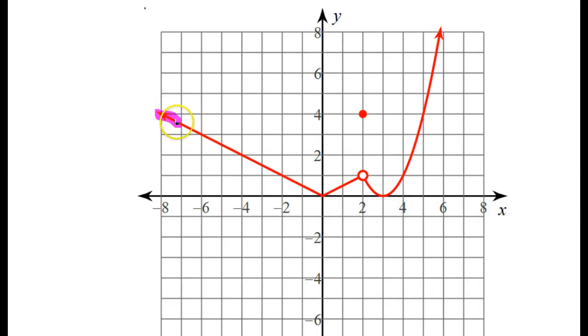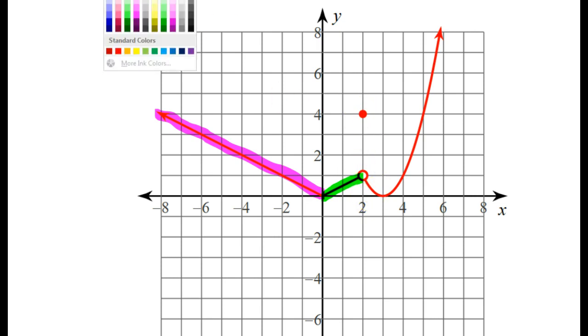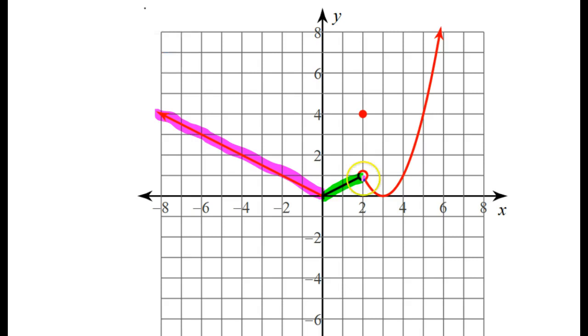I would start off going downhill, okay, until I got here. And then I would go uphill for a while. And then there's a single point right here. But then I'm going downhill again for a short while. And then I'm going uphill again.